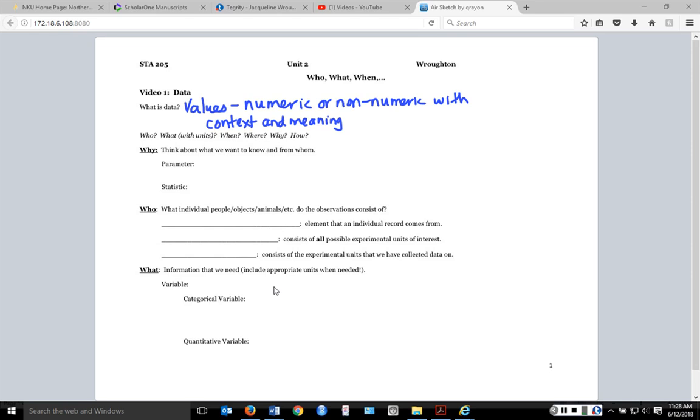So as we dive into getting data, one of the first things that we need to know about is why we want to collect our data. So the first definition we're going to talk about here is what's called a parameter. A parameter is a numerical summary of the population.